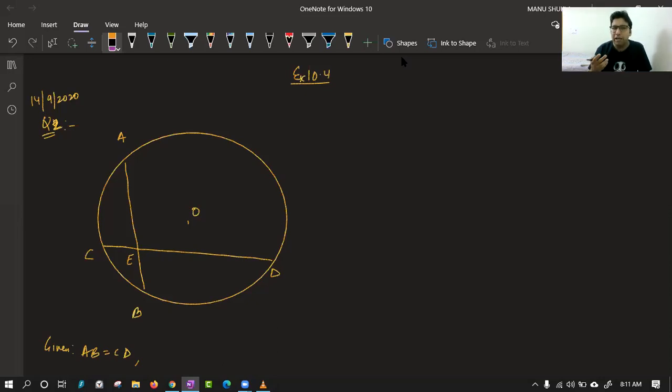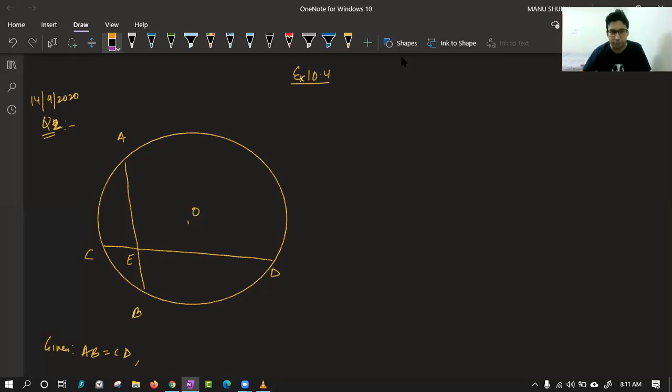Others, please try. If two chords are equal, what can we say about them? Bhavya is saying nice, beta. Garima is giving the points. Beta, try to write. Don't give the theorem number only. Others, please try. We all know if two chords are equal, they are at equal distance from center.